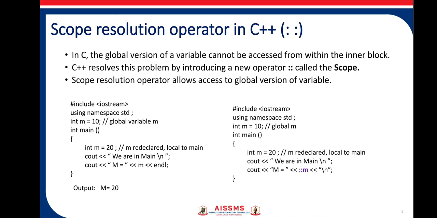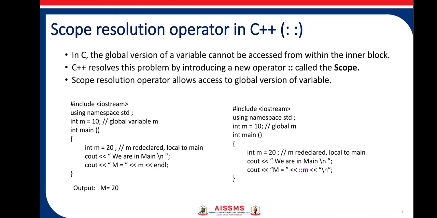Now take some modification in this code, that while printing the value of m, I am using scope resolution operator. Here you can see double colon m. Now we have two options for printing the value. Either it will print m equal to 20 or m equal to 10.